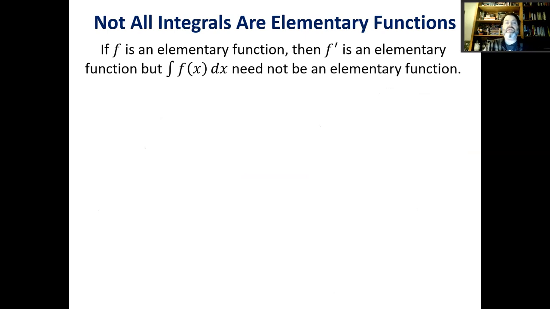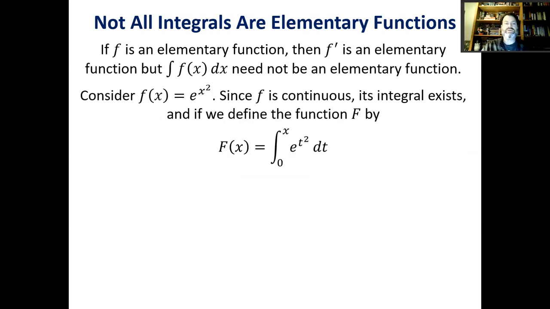So if we have an elementary function, the derivative has to be an elementary function, but the integral doesn't need to be one, as I said earlier. So if we're looking at e to the x squared, it's continuous, so the integral definitely exists.